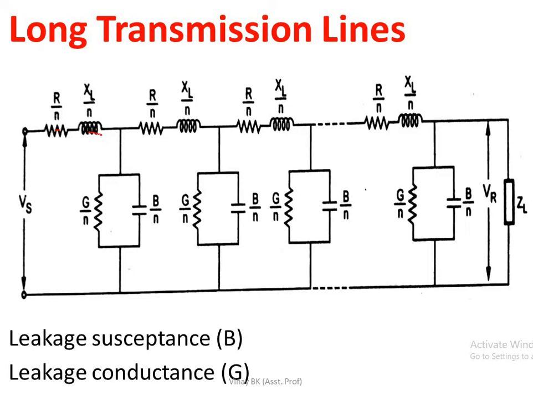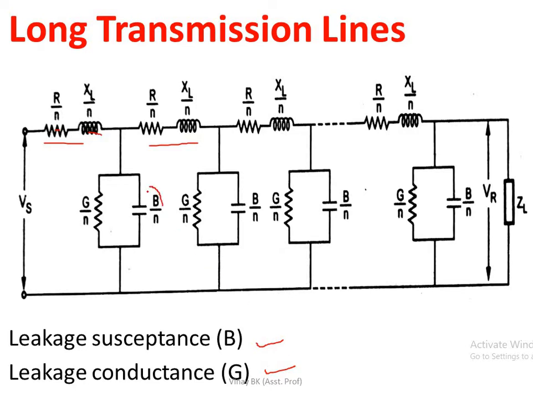As we discussed in the line constants, the resistance R and inductive reactance XL will always be connected in series, whereas the leakage susceptance is denoted by capital B and the leakage conductance is denoted by capital G. These are the shunt elements B and G.